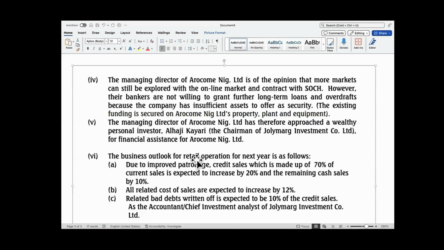The business outlook for retail operations for next year is as follows. A, due to improved patronage, credit sales, which is made up of 70% of current sales, is expected to increase by 20%, and the remaining cash sales by 10%. All related costs of sales are expected to increase by 12%. Related bad debt written off is expected to be 10% of credit sales.